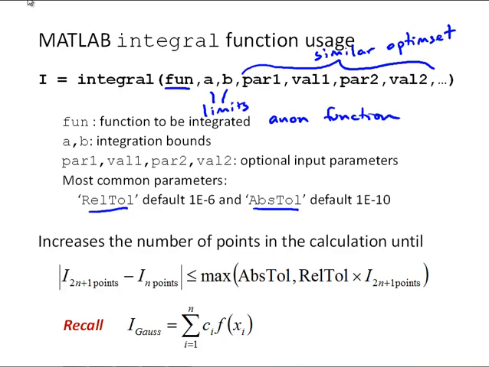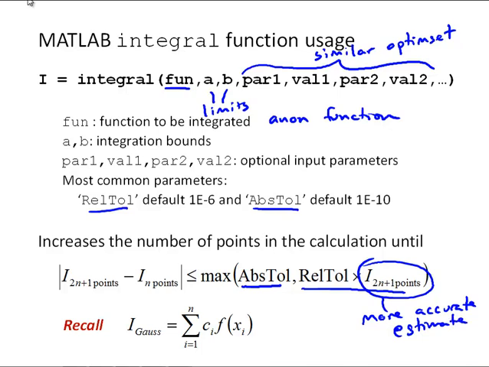We increase the number of points in the calculation until the integral with more points minus the integral with fewer points, in absolute value, is less than or equal to the maximum of either the absolute tolerance setting or the relative tolerance setting times, again, our more accurate estimate.